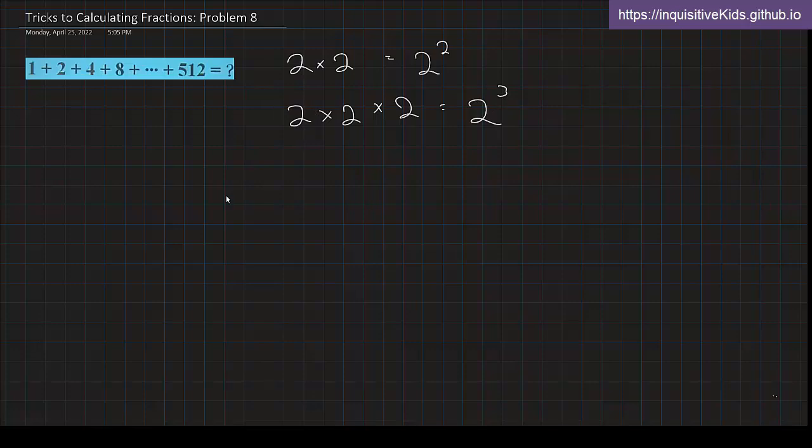So let's take that knowledge and extend it. You may know or you might not know, 2 to the 0th power equals 1. And here's why.